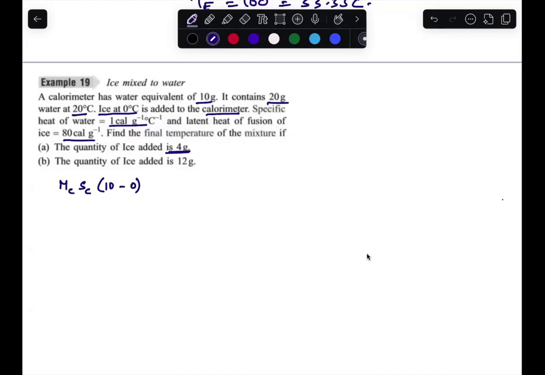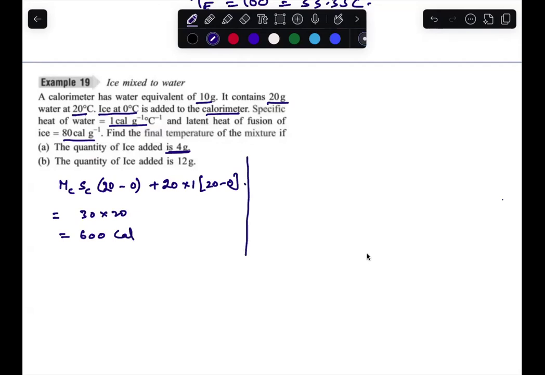No, this is an estimation only. 20 into 1 into 20 minus 0. So it's a rough estimation, mind you. 30 into 20. This is 600 calories.